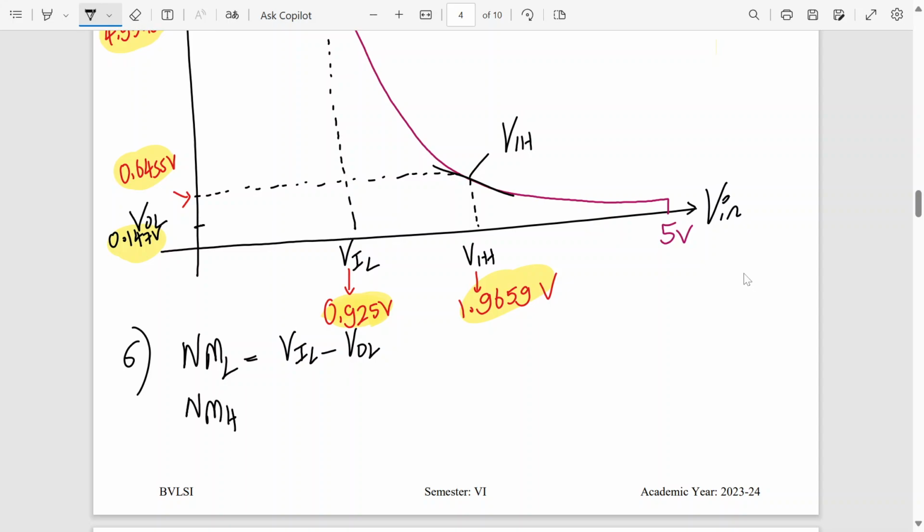Noise margin high will be given by VOH minus VIH. Okay, so how much is VIL we got? 0.925 volt minus 0.147. How much is this?